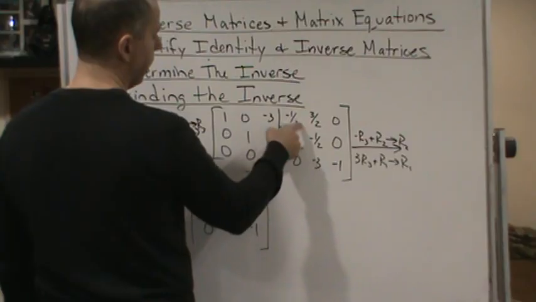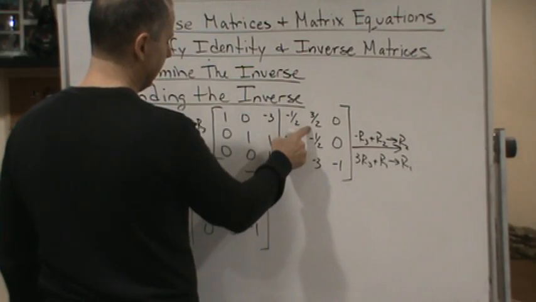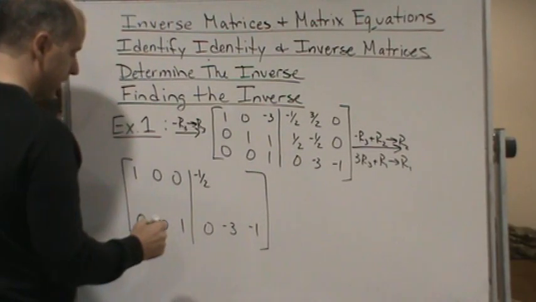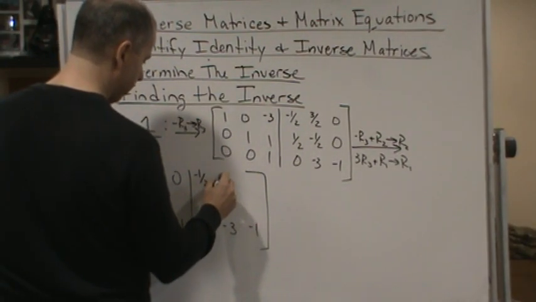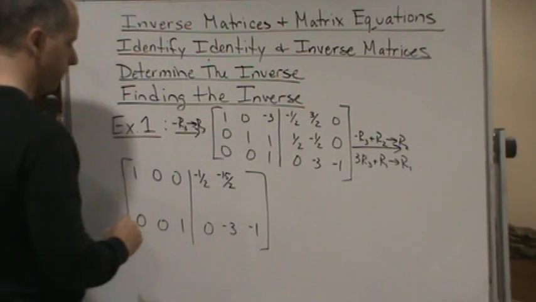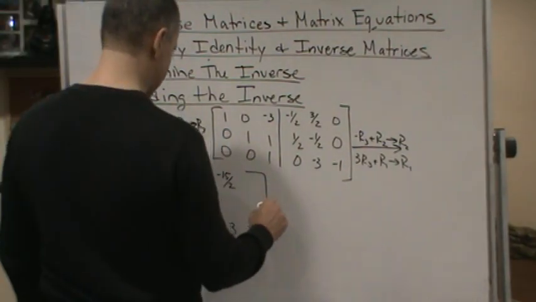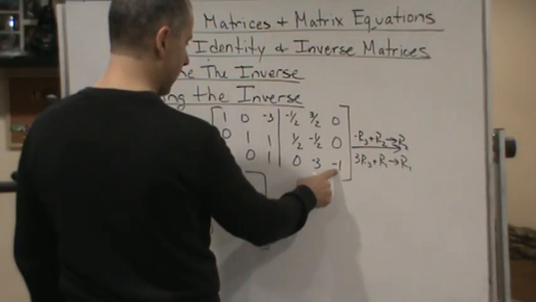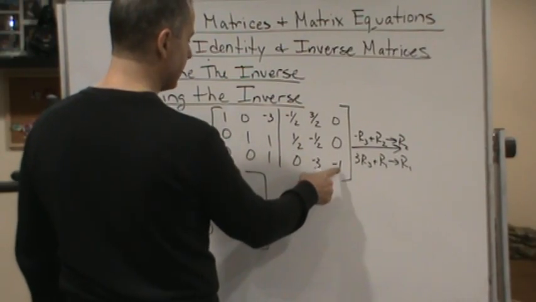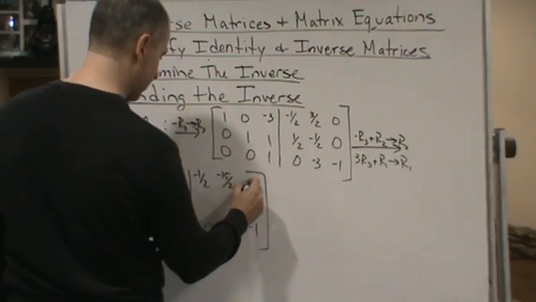So that's going to be negative 7.5, which is negative 15/2. And then 3 times negative 1 is negative 3 plus 0 is negative 3.